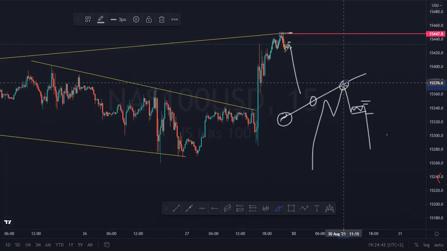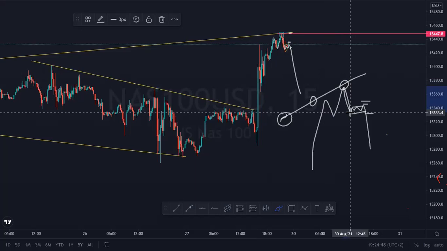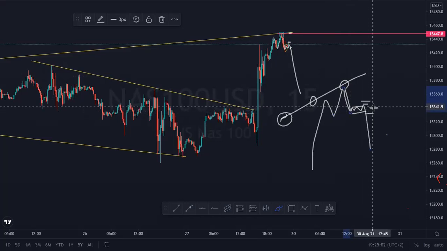Because it created the dead touch, we expect the market to push down. The market pushed down, created the dead touch, and created a correction again. So I'm expecting a continuation, the market to continue pushing down.